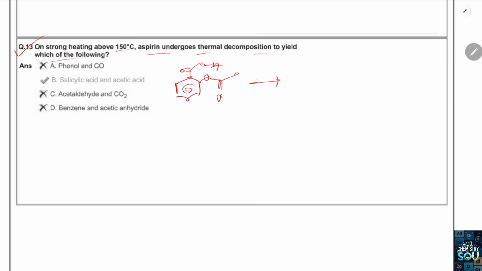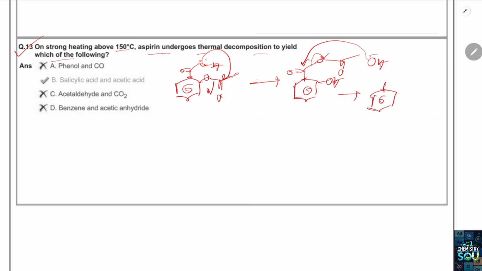When high heat is applied, this lone pair can attack here and this bond can break, so this will be OH and this oxygen like this, and then another OH molecule will attack there and it will be released. It will generate the COOH, this is salicylic acid, plus we will get acetic acid. So option B is correct.